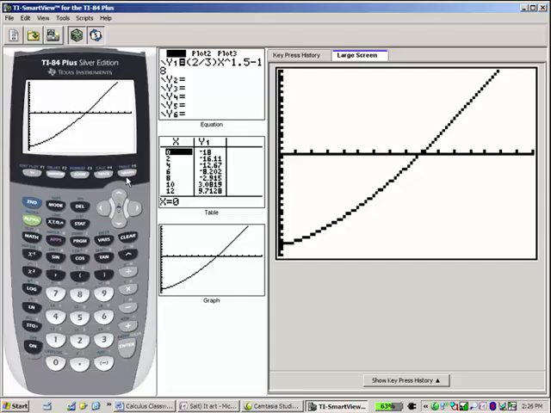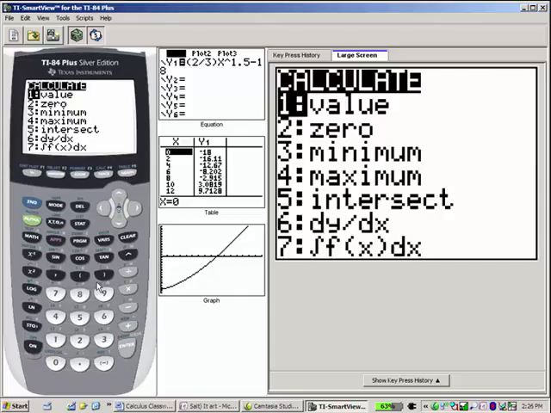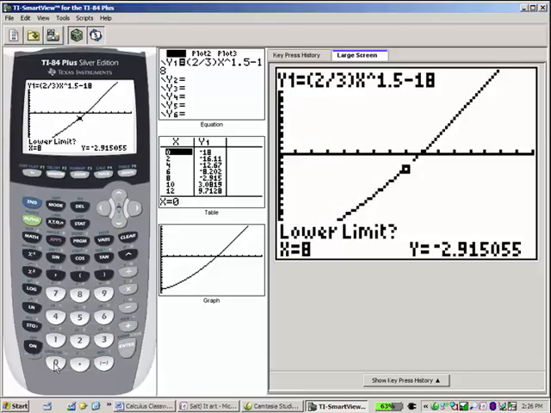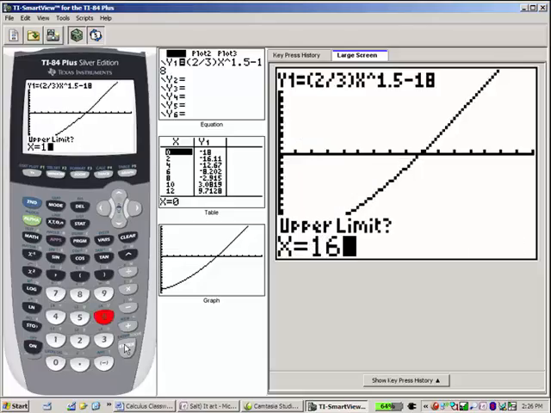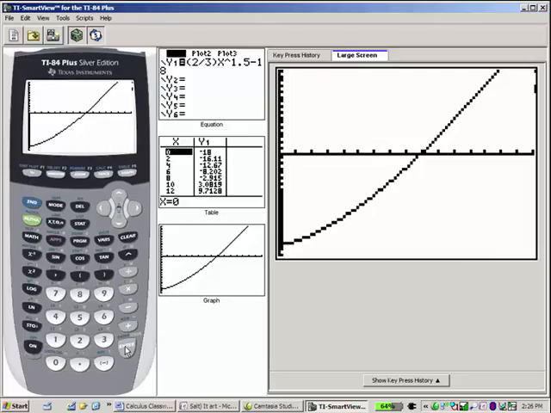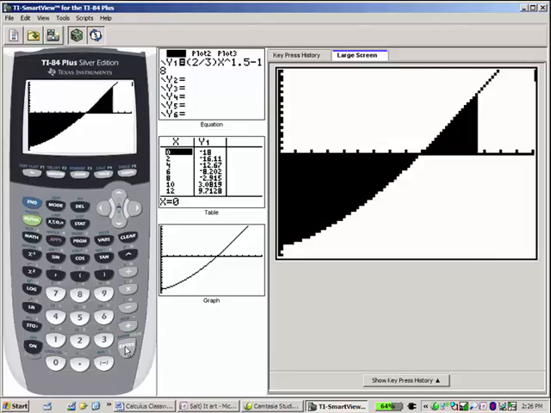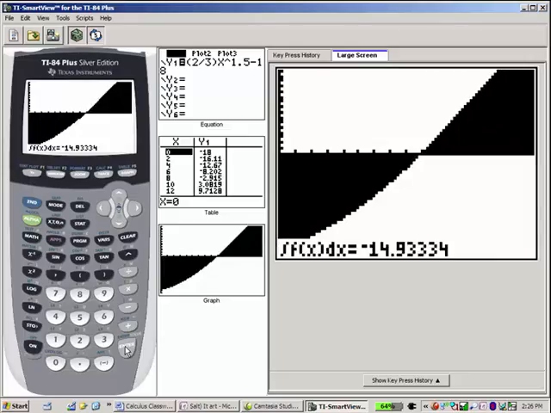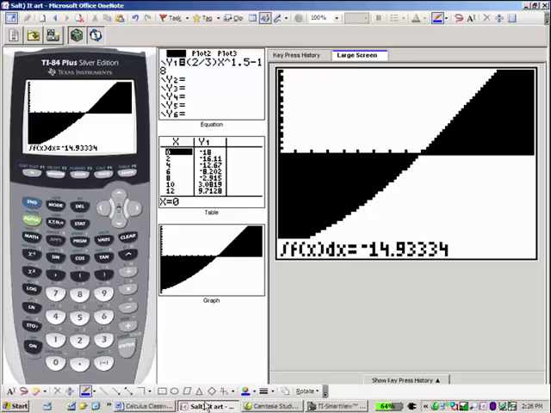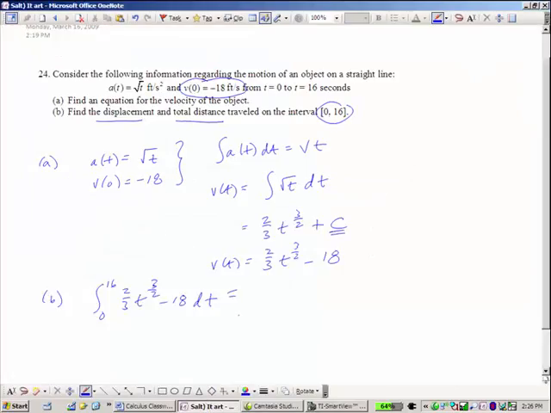Why wasn't I thinking? All right, so if we want this definite integral from 0 to 16, about -14.9.